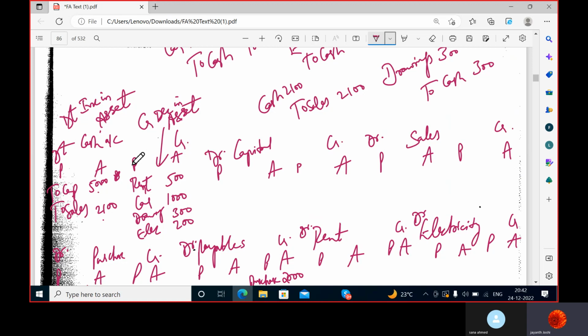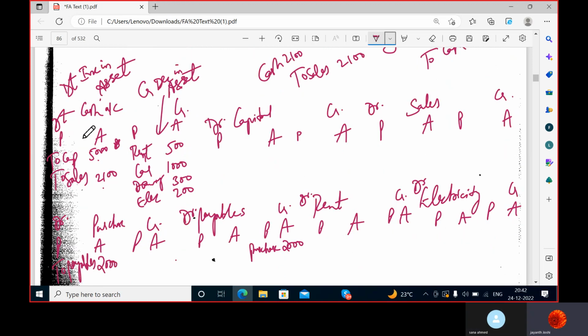Now it is very clear and evident that whatever I write in the debit of the asset account shows an increase in asset, and whatever I write in the credit side of the asset account shows a decrease in asset, correct? We'll balance this also. So 7,100 here, and 1,500 and 2,000 on the other side. You cannot write it like this; you should write 7,100 on both sides.